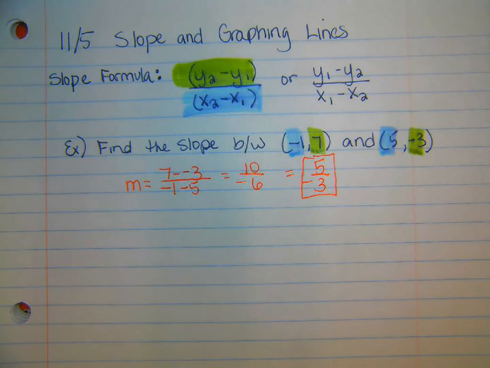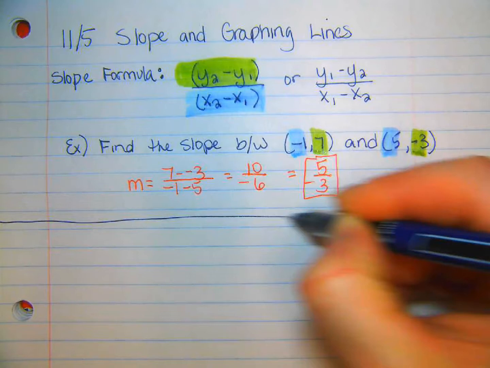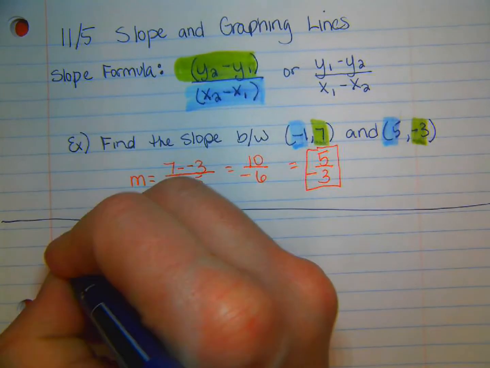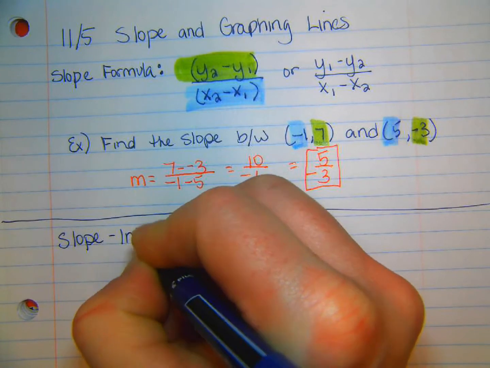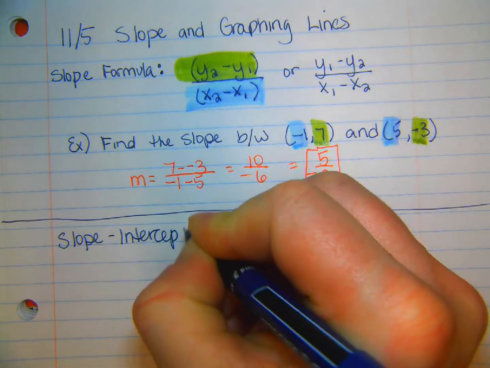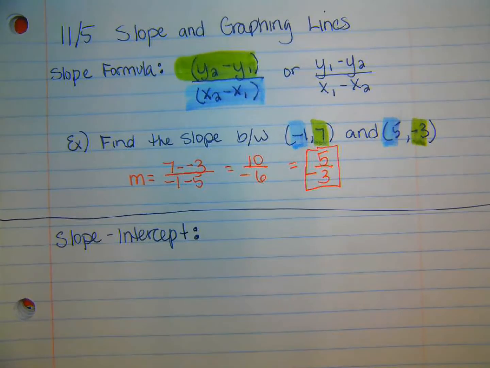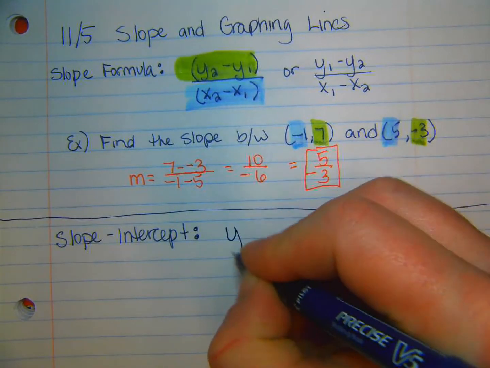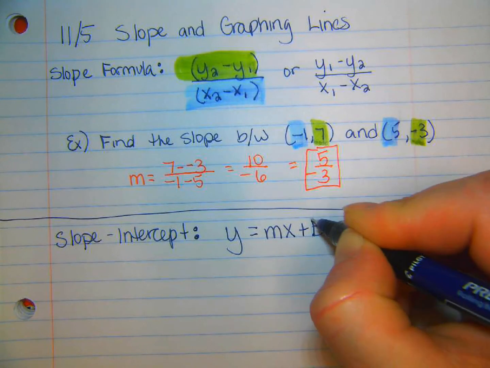Okay, let's talk about graphing. So here's slope. Let's talk about graphing in slope intercept form. Can somebody shout out for me what's slope intercept form? What is it? Y equals mx plus b.